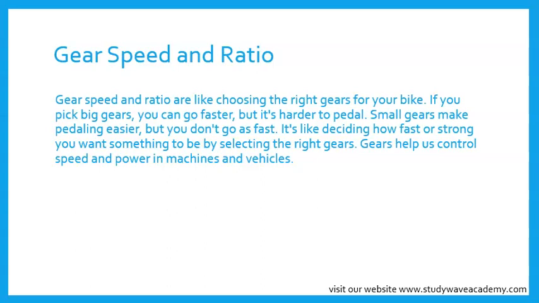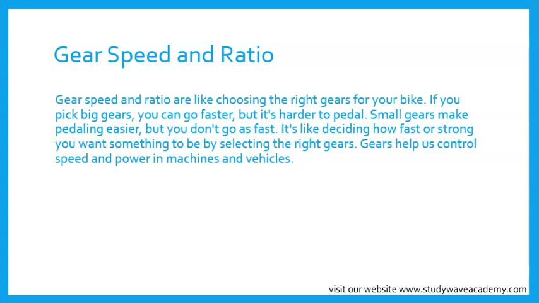Small gears make pedaling easier, but don't go as fast. It's like deciding how fast or strong you want something to be by selecting the right gears. Gears help us control speed and power in machines and vehicles. Okay, do we understand that?